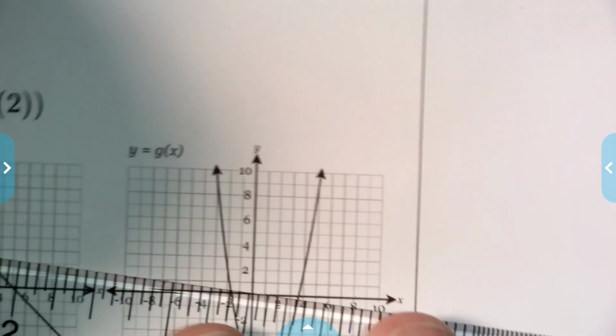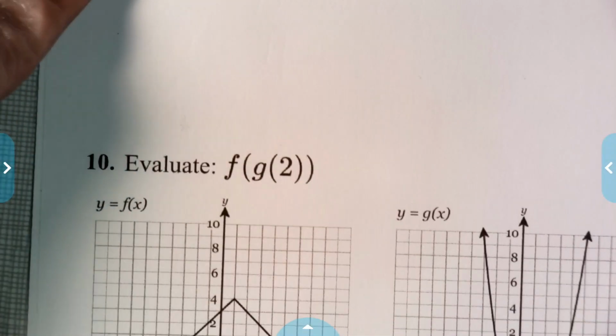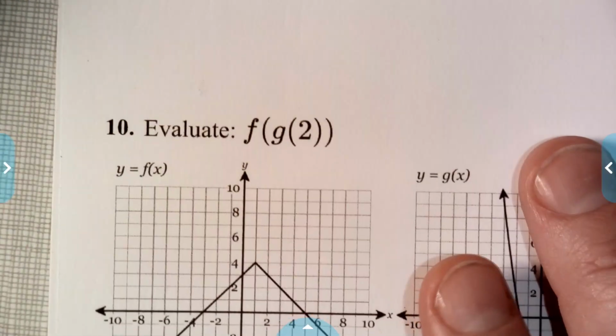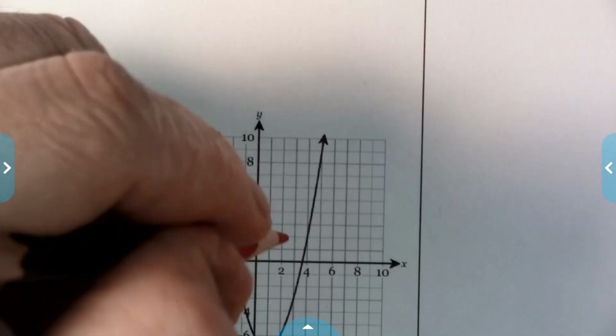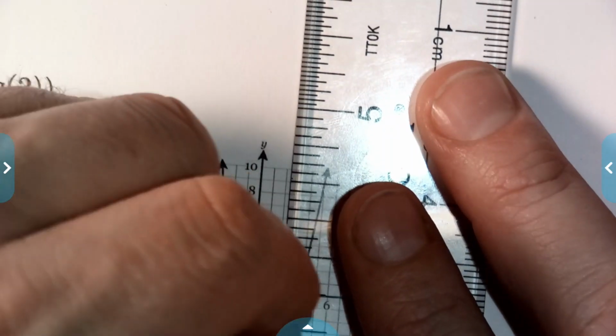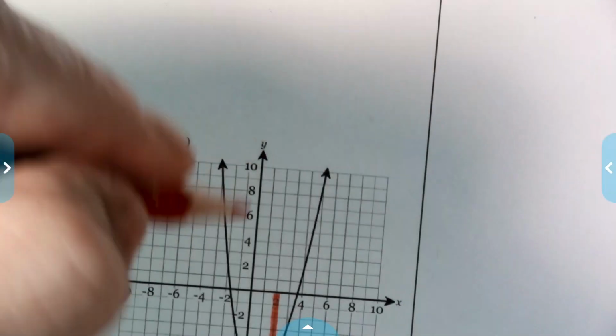All right, so moving on. Evaluate number 10, f of g of 2. Okay, so first thing we're going to do is go to the g graph that's here. And we're going to look at 2. So there's 2. And I'm going down to the curve. Then I'm going to hang a left.